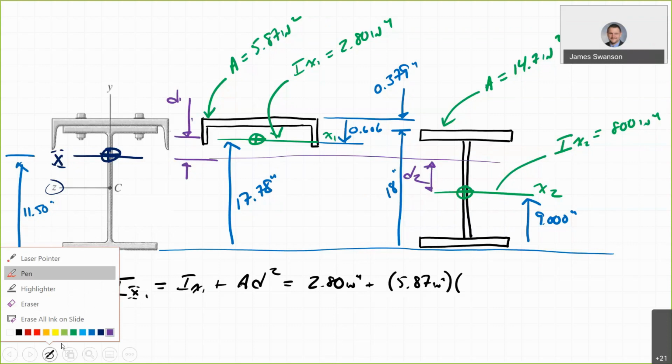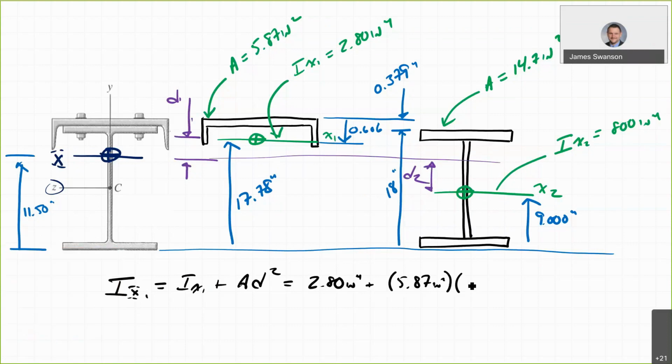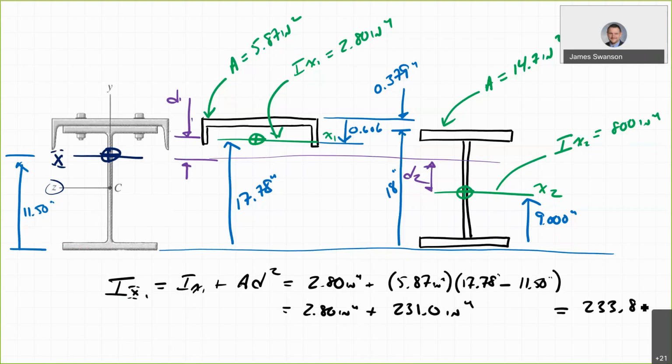So down here, I'm going to take 17.78 inches minus 11.50 inches. So that's equal to 2.80 inches to the fourth plus, this works out to be 231.0 inches to the fourth, and then we end up with a net of 233.8 inches to the fourth.